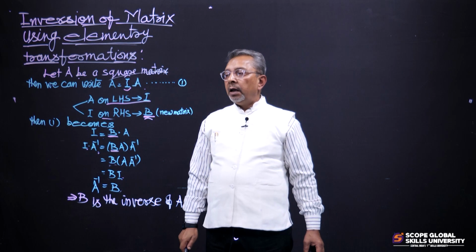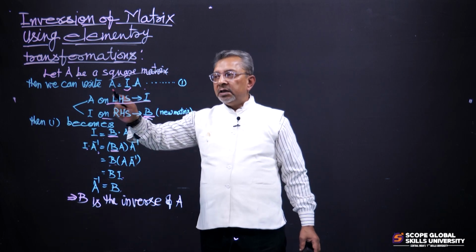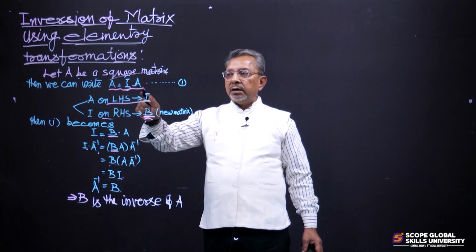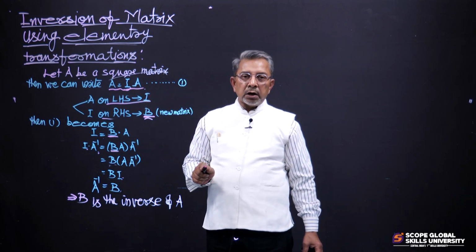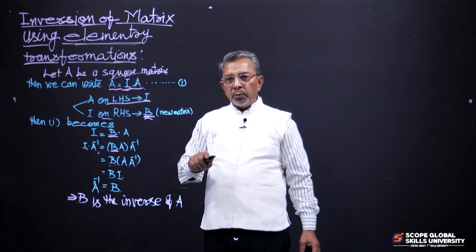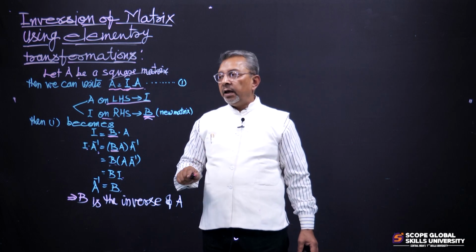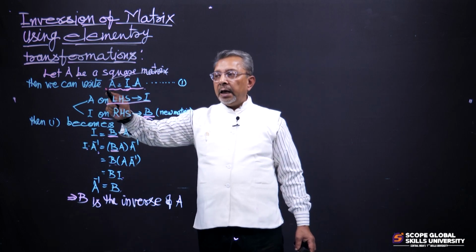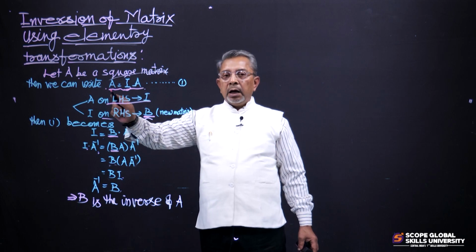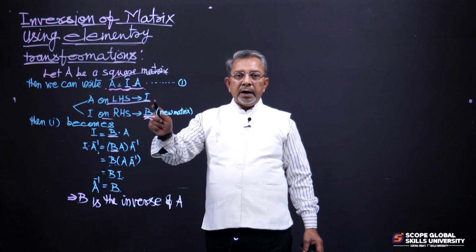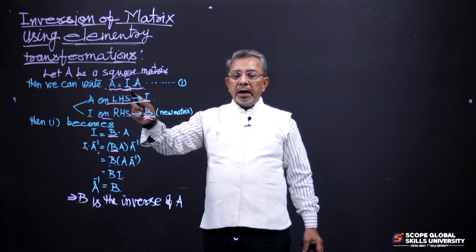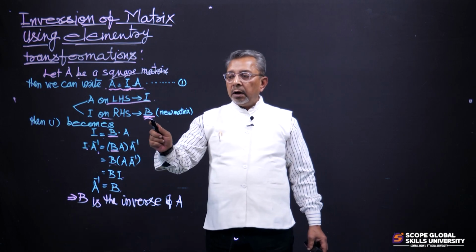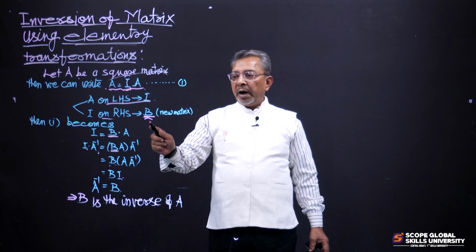Our main aim is to reduce this relation by utilizing sequences of row operations or sequences of column operations in such a way that matrix A on the left hand side reduces to an identity matrix, and the identity on the right hand side is reduced to a new type of matrix.